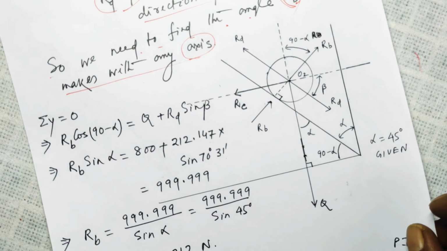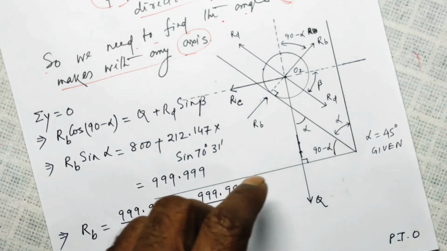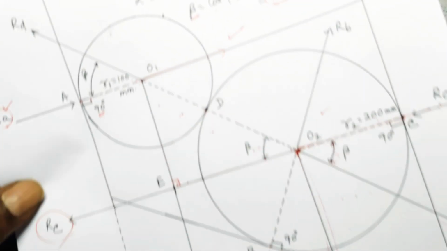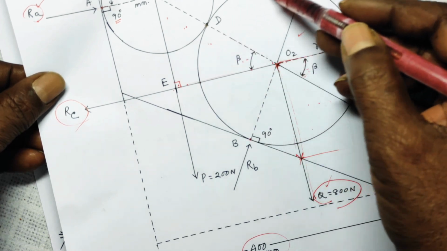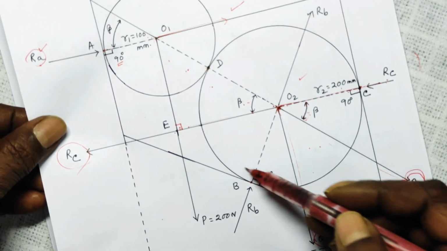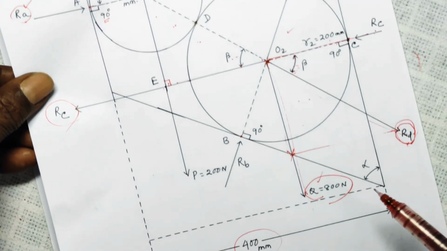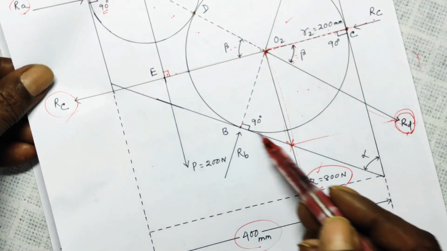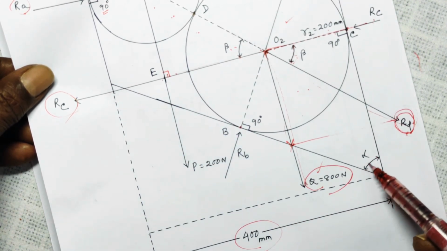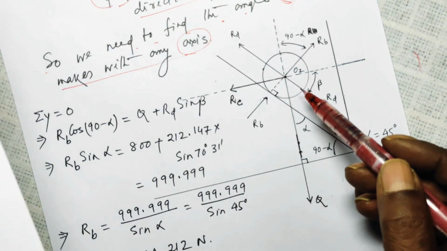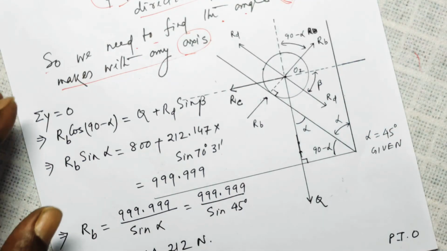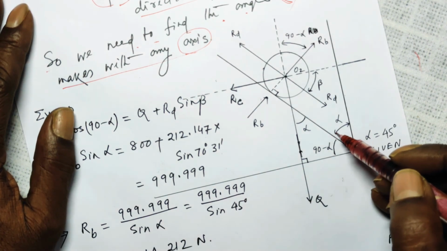So I have redrawn the diagram for this cylinder, resting on an inclined plane making an angle alpha with the vertical, not with the horizontal, with the vertical. I have redrawn it here. So this angle is given as alpha.